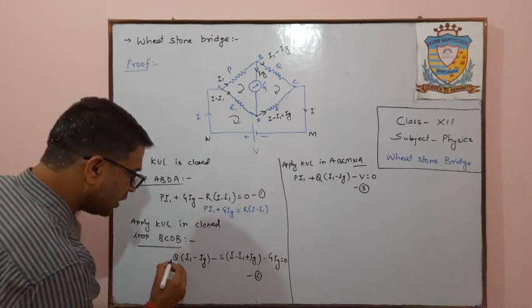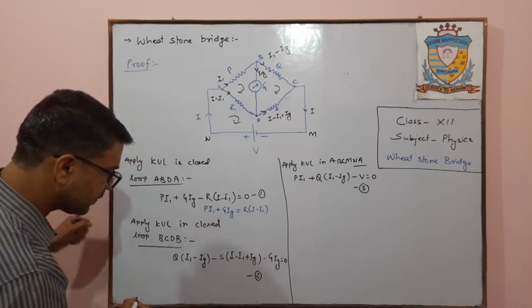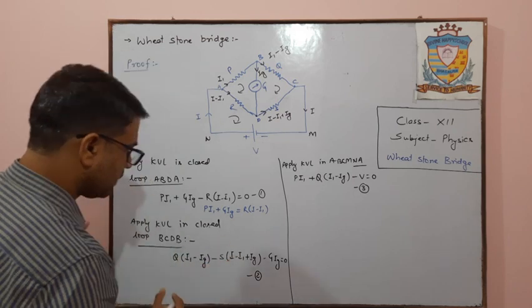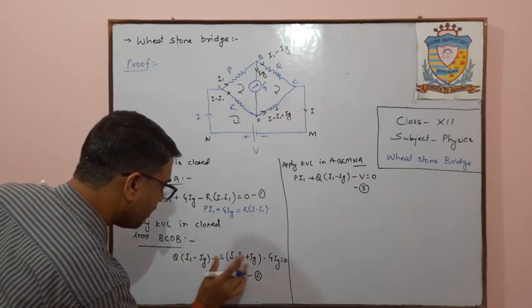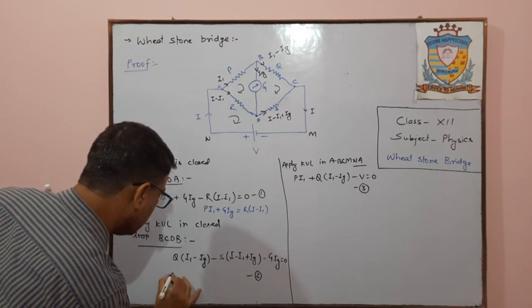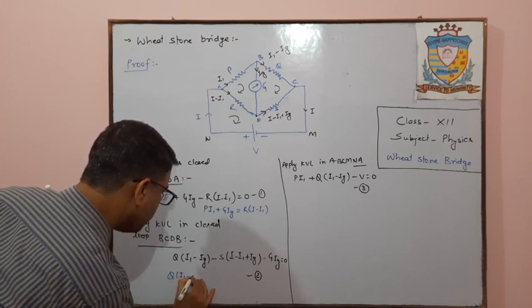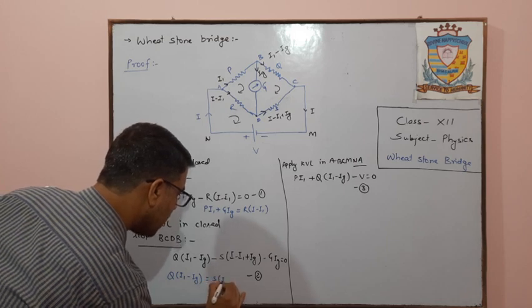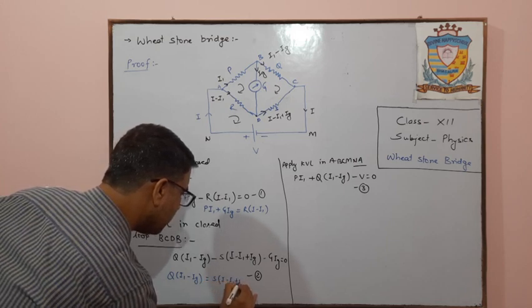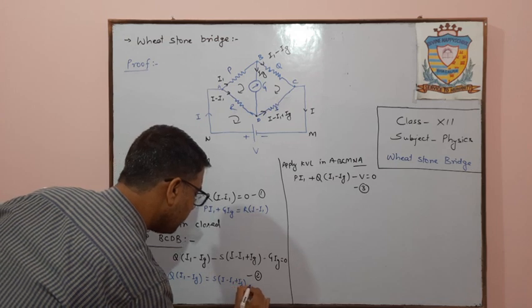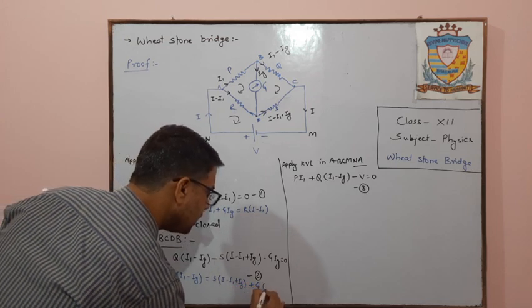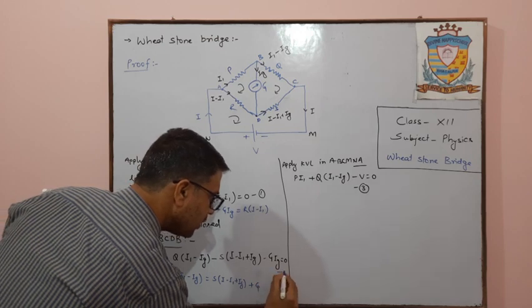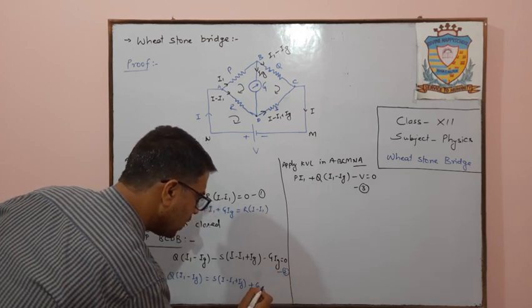For second equation, it becomes Q(I1 minus Ig) is equals to S(I minus I1 plus Ig) plus G Ig.